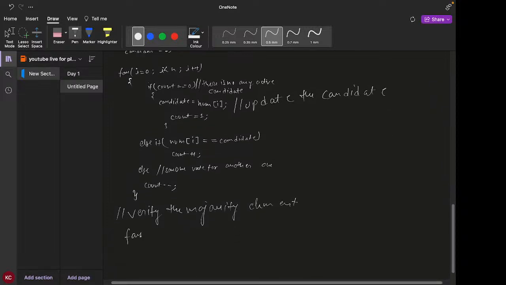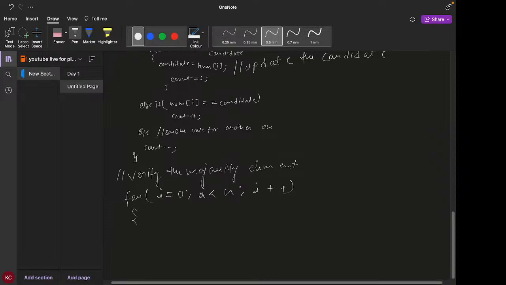Now again we have to loop, for i equal to 0 and i less than n, i plus plus, and we take a variable that is count verify equal to 0.